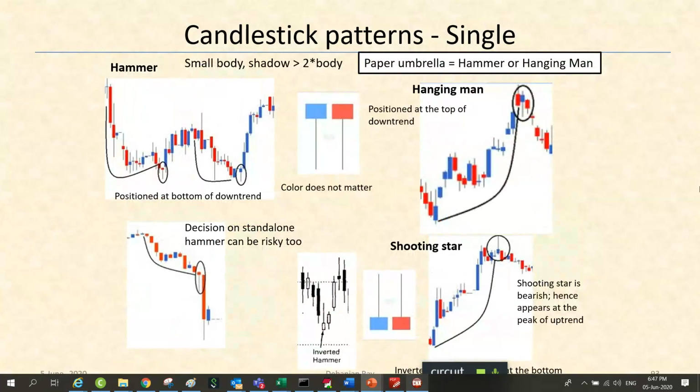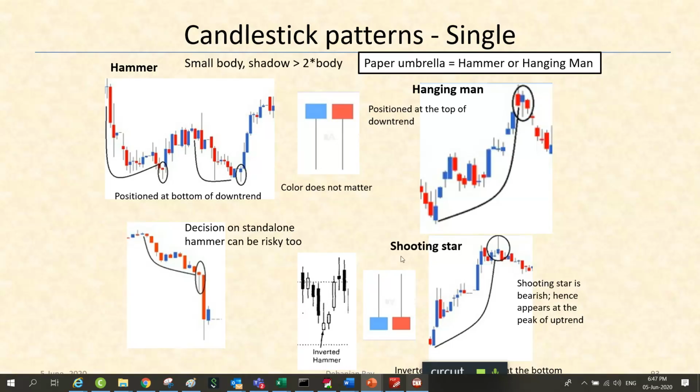Now let's go to the next one. It is called the hanging man, or the shooting star. What is a hanging man? It looks like a hammer, or the inverted hammer. That means it will have a small body and a long handle.